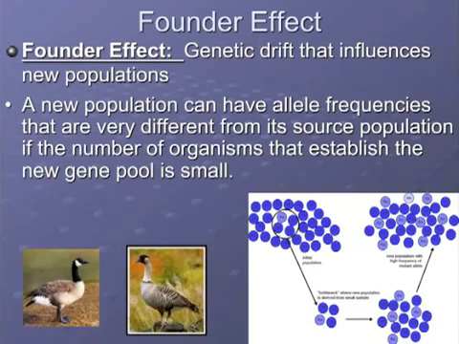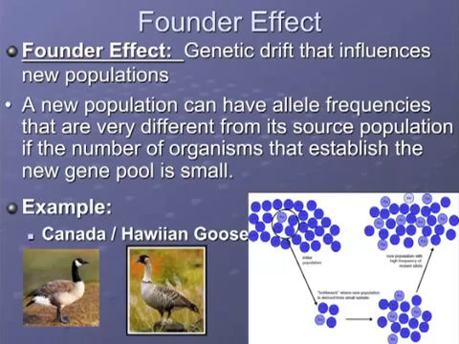And those 4 that are circled go and form a new population. Well, in the initial population, that light blue wasn't that common, but because there are only 4 of them, in the new population it's 25% of it. And therefore, when it grows, you end up with a whole different population.